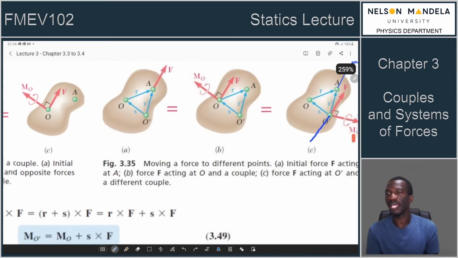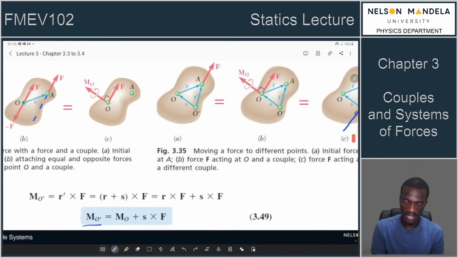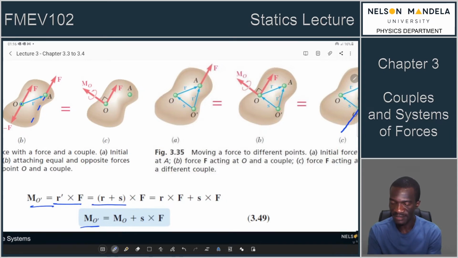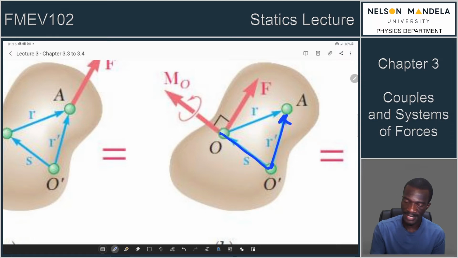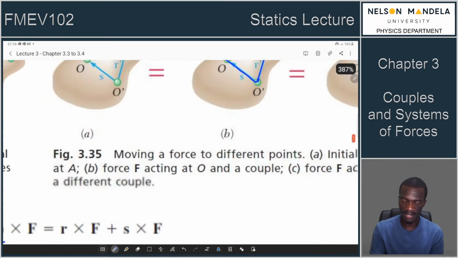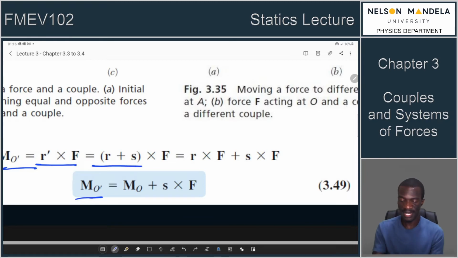So now we have a case where the moment about O is now R prime cross F, and then our R prime can be interpreted from this vector triangle. So we know that for us to move from R prime in this direction, we need S plus R. For this reason, we have R plus S cross F, and then we have Varignon's theorem to expand that bracket.